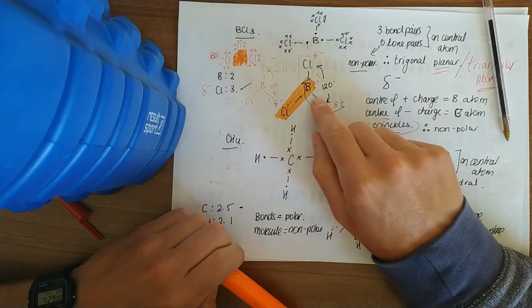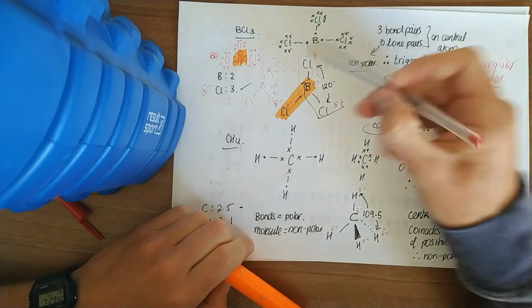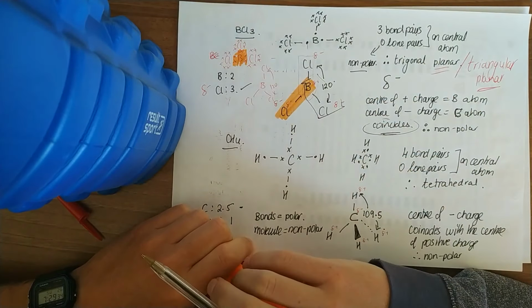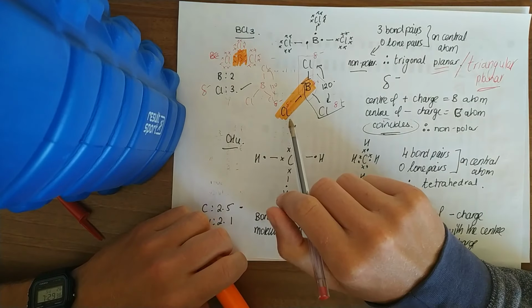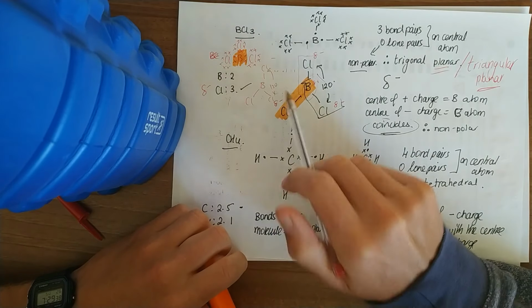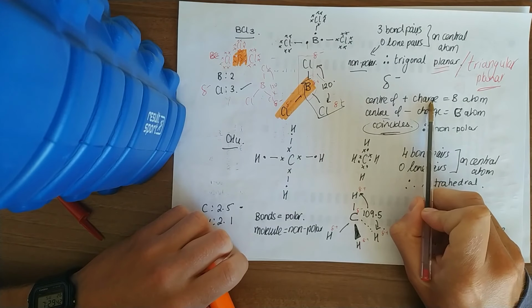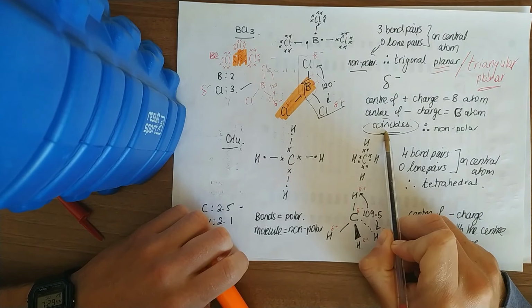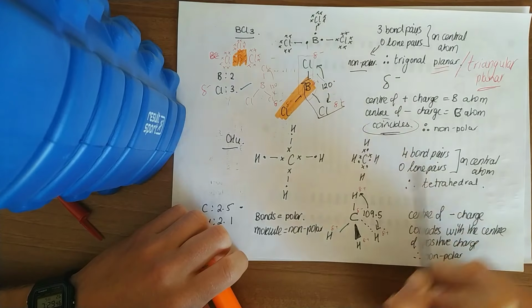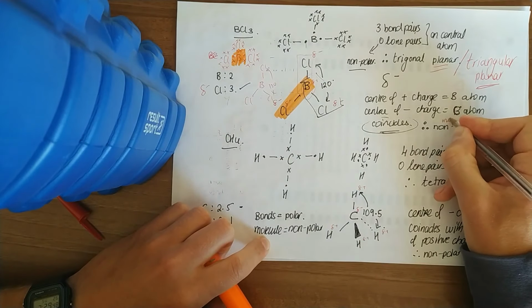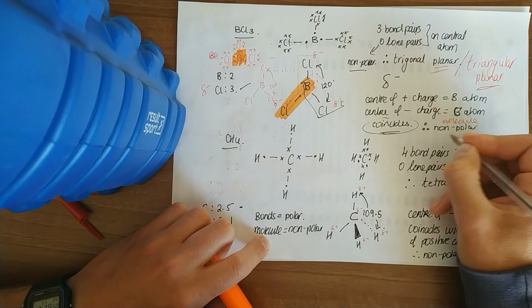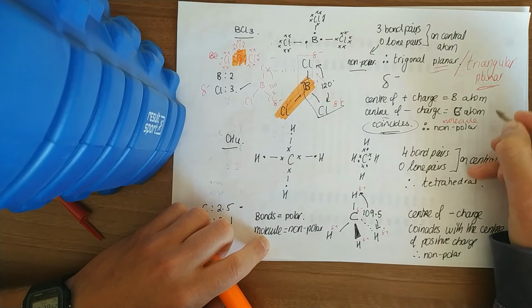Now if I ask you for the centre of positive charge, again you'd say it's on that boron atom, which is the only atom with the positive charge. And if I ask you for the centre of negative charge, you'd also say the boron atom. So the same scenario, the centre of positive charge and the centre of negative charge coincide, therefore the molecule is non-polar, even though the individual bonds are polar.